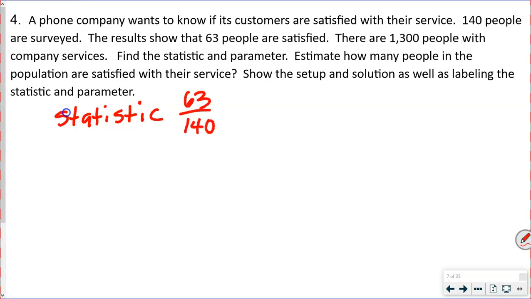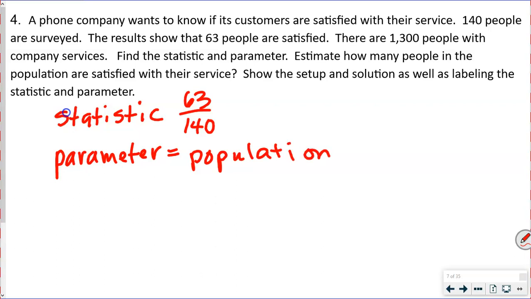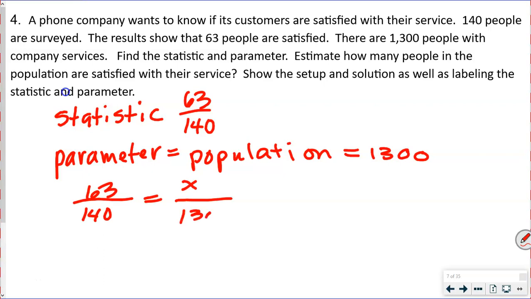Then our parameter is our population, okay? So the parameter is going to be equal to our population, and our population was the 1,300. So when we set up this problem, we're going to do the statistic equal to x over the parameter. So this is going to be 63 over 140, and that's going to be equal to x, which is what we're going to solve for, over 1,300.